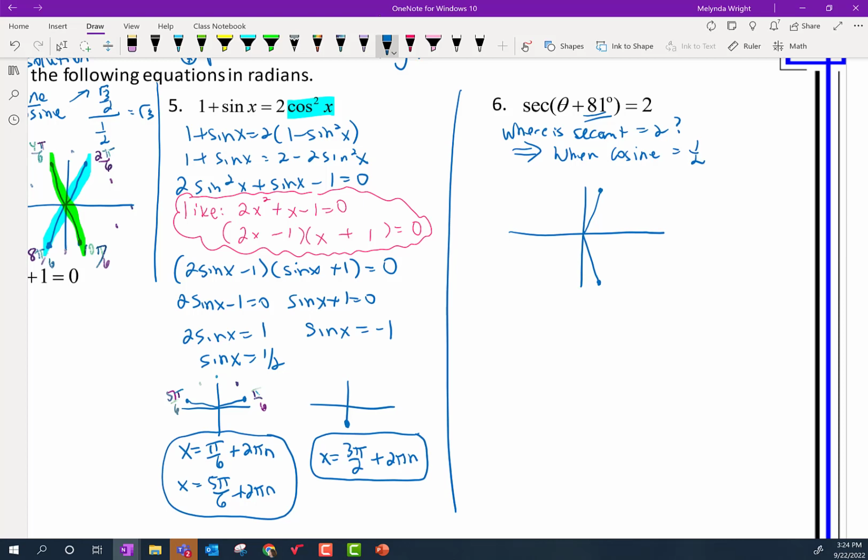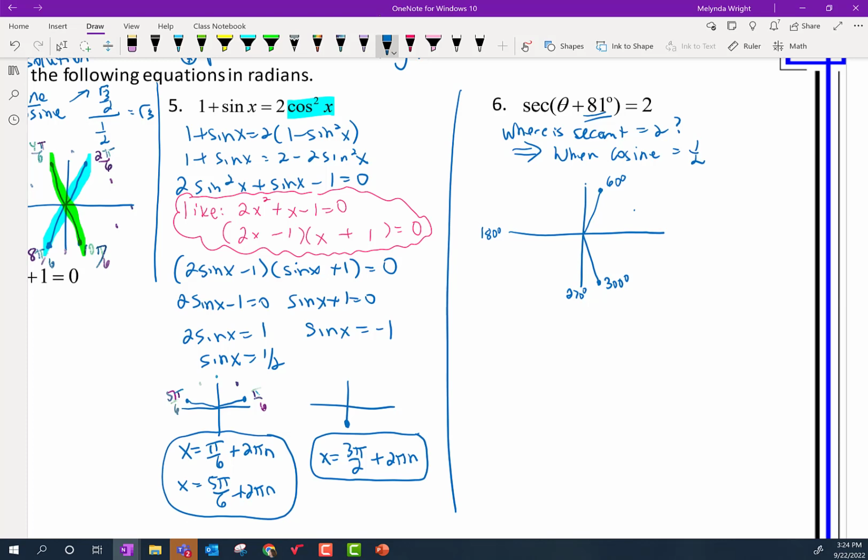So let's see, we're in degrees. So that will be 30 degrees, 60 degrees, 90 degrees, that's 180 degrees, that's 270 degrees. So what is that? That's 300 degrees. Okay. So 60 degrees and 300 degrees.